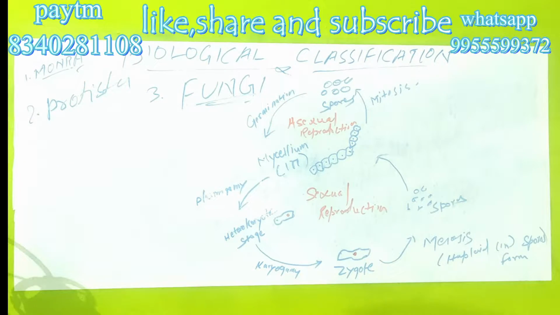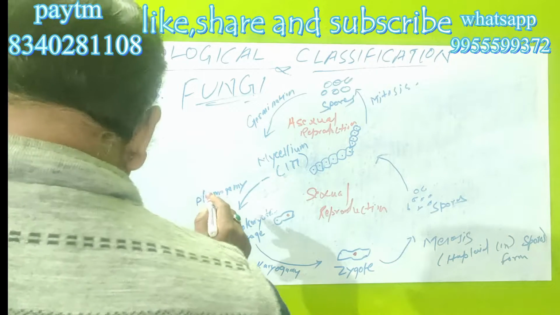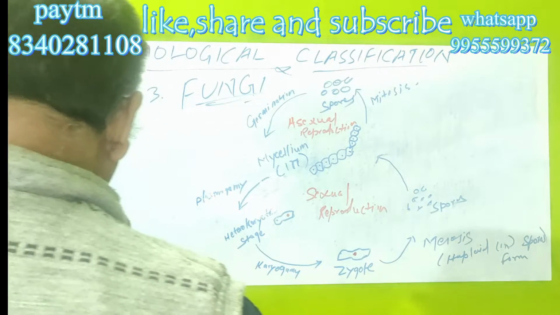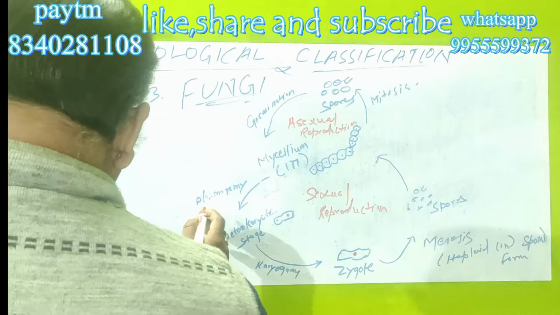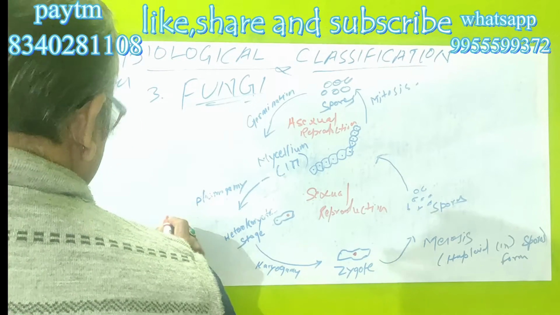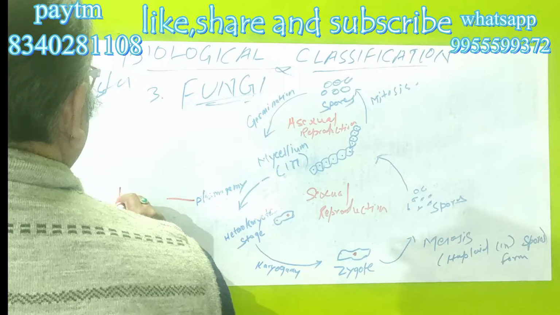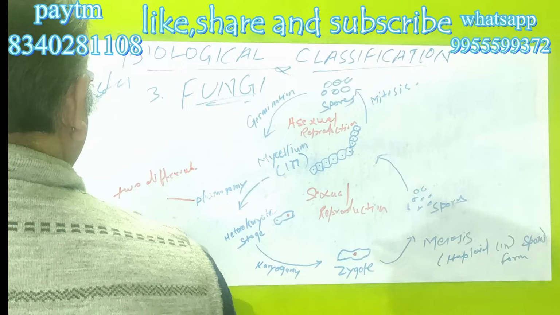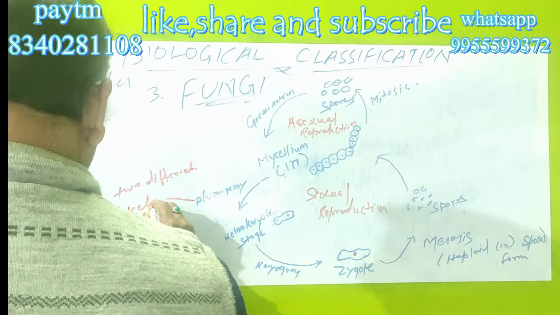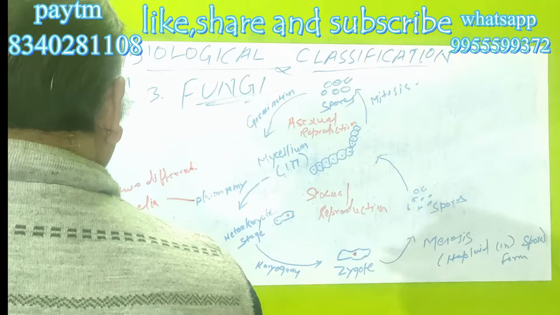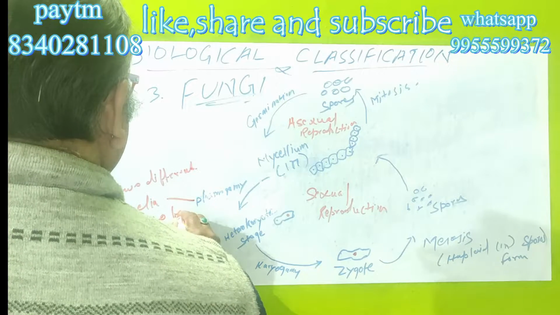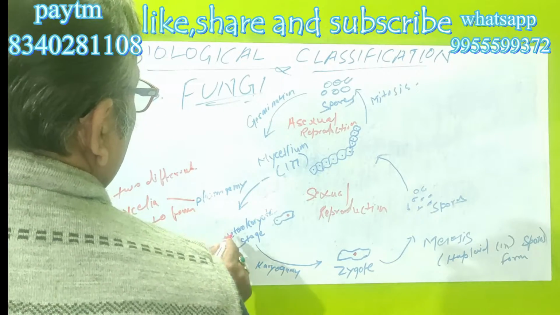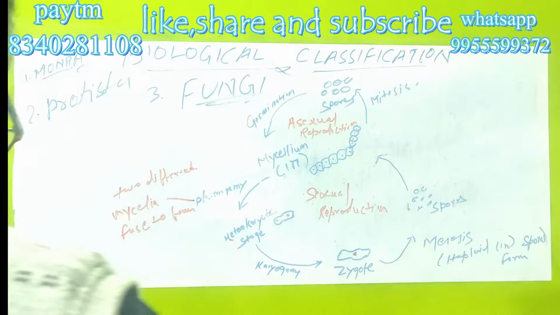What happens in plasmogamy? Haploid cells form two different mycelia which fuse to form heterokaryotic cells, and this goes to karyogamy.